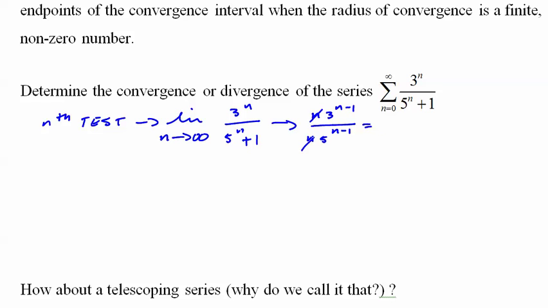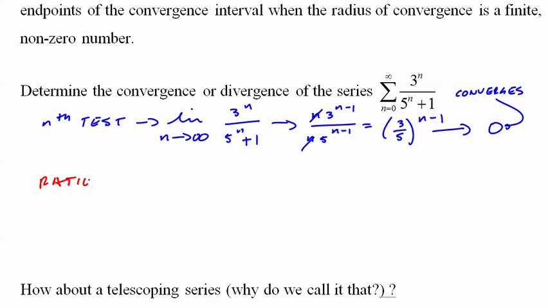The n's cancel, giving me 3/5 to the n minus 1. The limit of that is 0, so that tells me it converges. What's the interval of convergence? Don't know. There is no interval in this one when we don't have an x. So it converges for everything, because there's no x value.